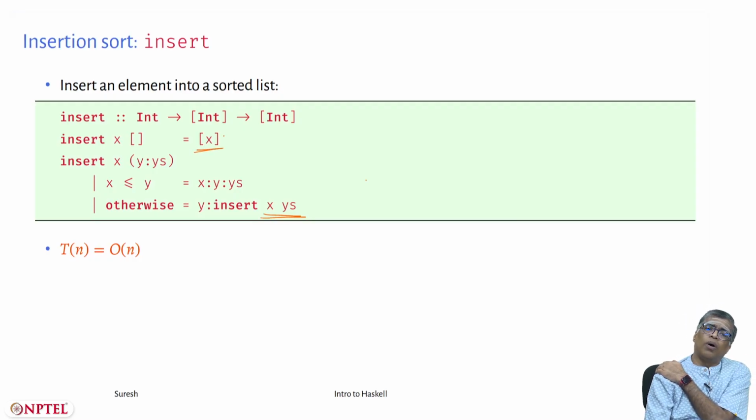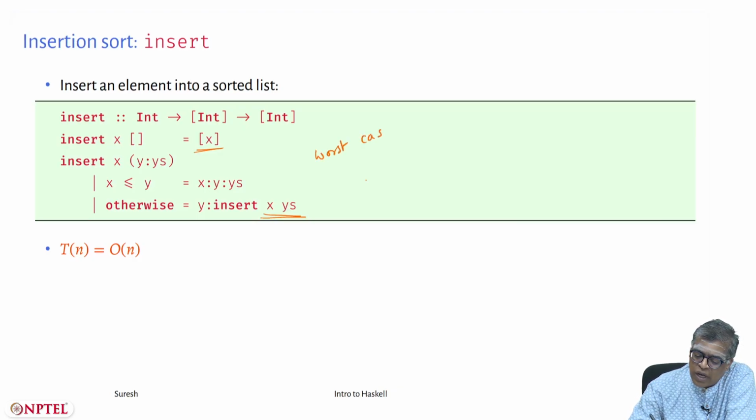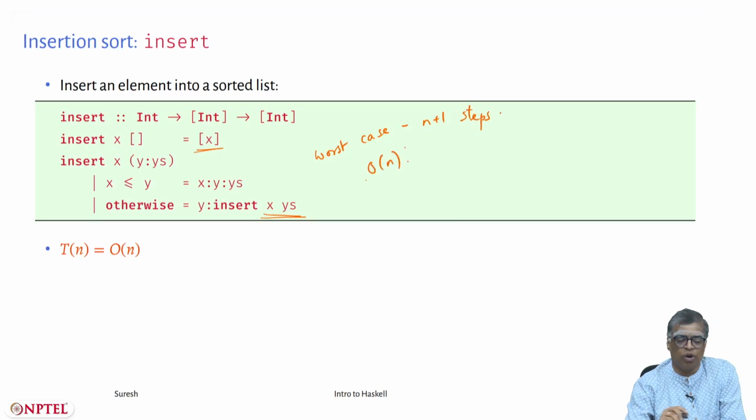So worst case you would traverse the entire list, but if you are lucky you might end this whole thing in one step, because your element is even less than the first element in the list. But worst case time is n plus 1 steps or some such. So order n is the time complexity of insert.